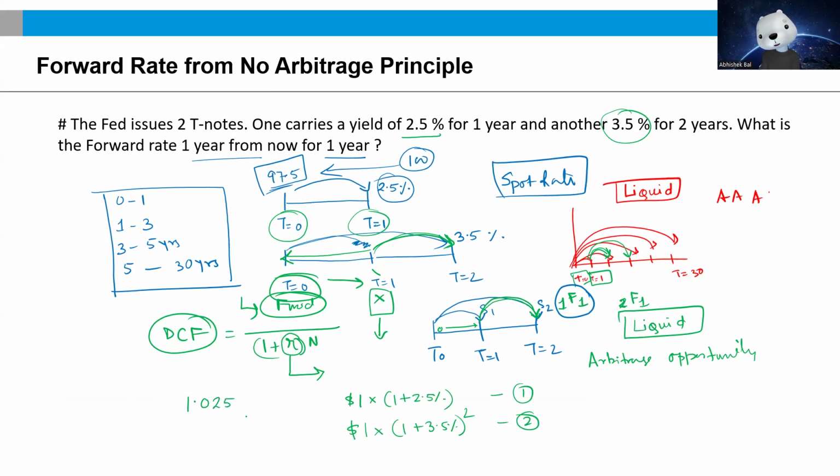Now, if I take this 1.025 and invest this for one more year, which is essentially then it becomes a spot rate. Now it is the forward rate. Then it should be identical to 1 into 1.035 square, isn't it?